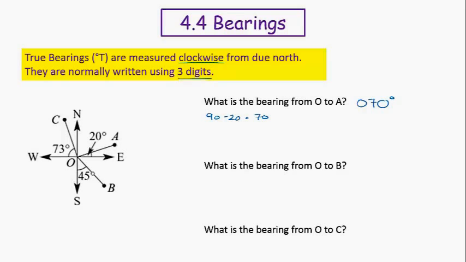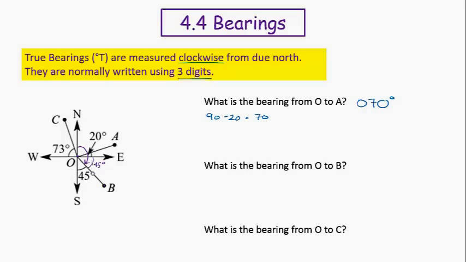Okay, the next one says, what is the bearing from O to B? This time we're going from O, the center, to B. So that means we're traveling in this direction here. From north, we would need to go all the way around here. Because we're told that this is 45 degrees, this bit here must also be 45 degrees.